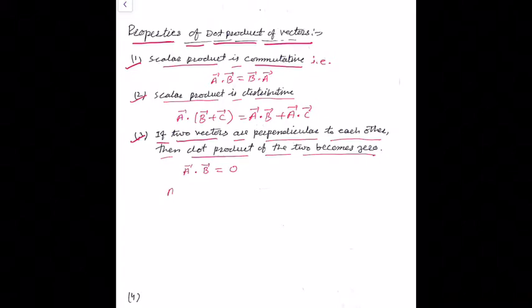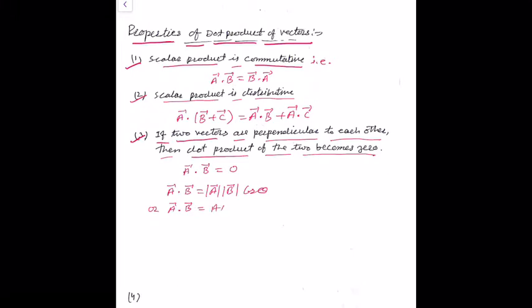We know that A vector dot B vector is equal to magnitude of A vector, magnitude of B vector, cos theta, or we can write A vector dot B vector is equal to AB cos theta.